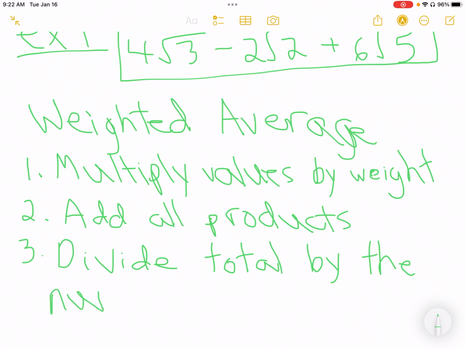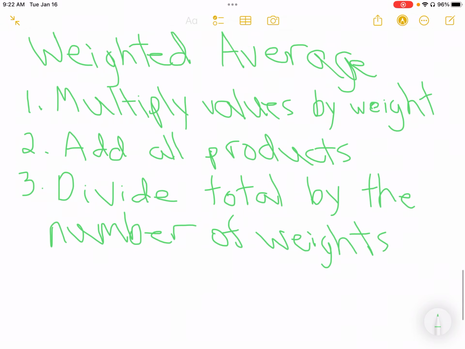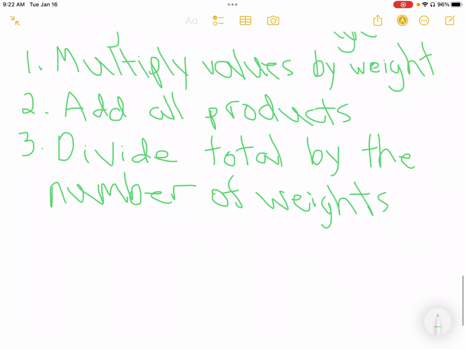Number of weights. This will be a little more obvious once I pull out an example here. Okay. All right. So now we got our 3 steps there. Let's go ahead and see if we can practice it.